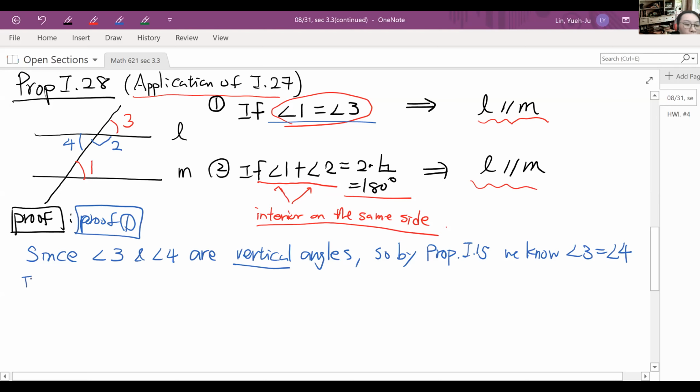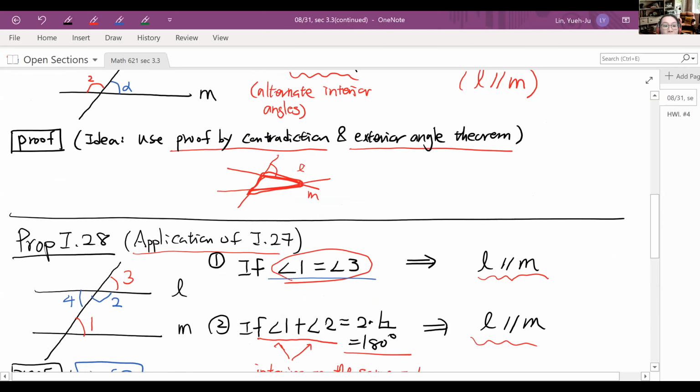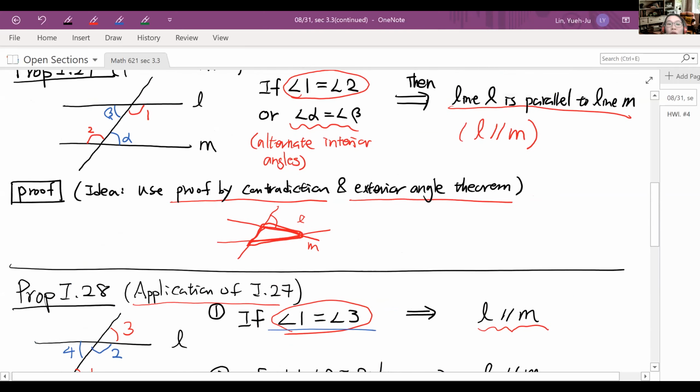Now, we already know angle 1 equals angle 3, but at the same time, 3 and 4 are vertical angles, so they're equal. So right away, we get the fact that angle 1 equals angle 4. You can see that this is another pair of alternate interior angles.